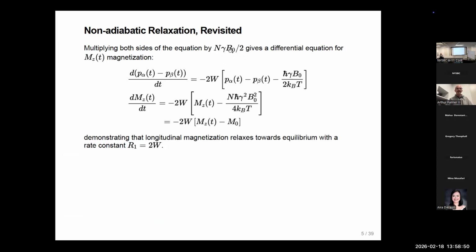I multiply by this to change the populations into real magnetizations. And I recognize that this is the Boltzmann equilibrium magnetization, as in the first lecture. So this says that longitudinal magnetization relaxes back towards equilibrium with a rate constant R1 that is 2 times W.